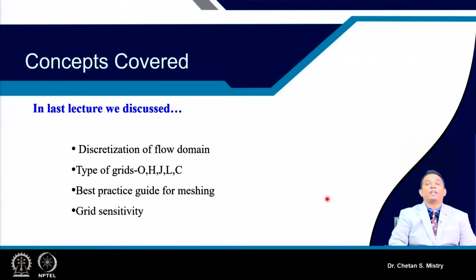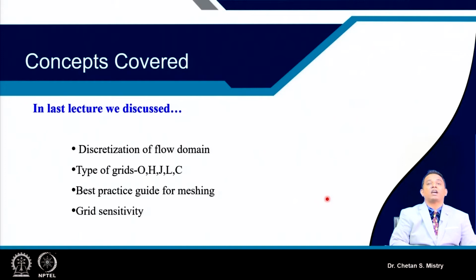Y plus is basically calculated to decide the height of the layer next to my blade. We discussed that it is preferred to have a Y plus value below 1 or nearly 1. That is the art in terms of meshing, so when we are doing meshing we need to be careful about all these aspects.